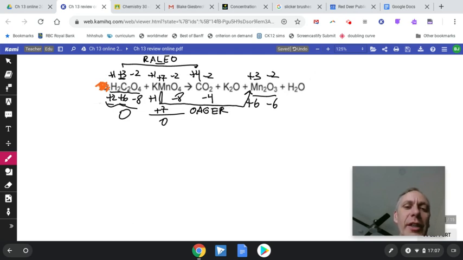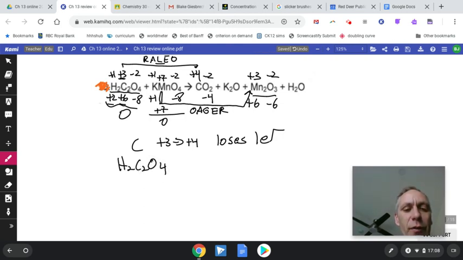Now, sometimes you'll see a question where they say, how many electrons were gained, how many were lost? So carbon, each individual carbon goes from plus 3 to plus 4. So that is a loss of 1 electron. And then they might say, well, what about the whole molecule, H2C2O4?